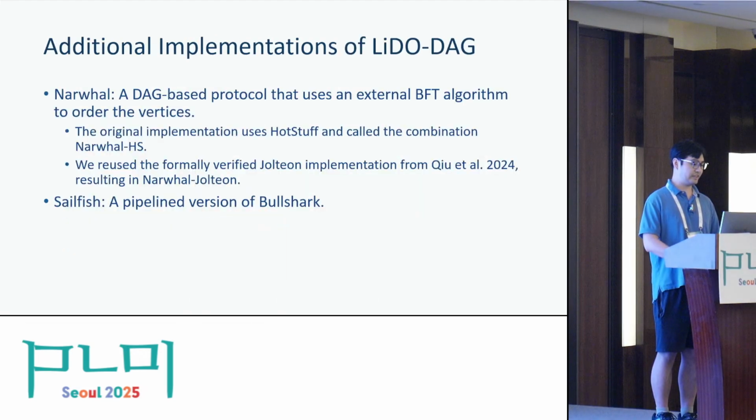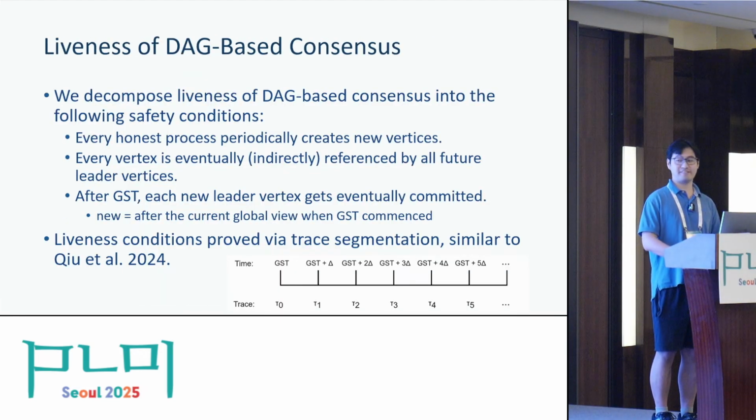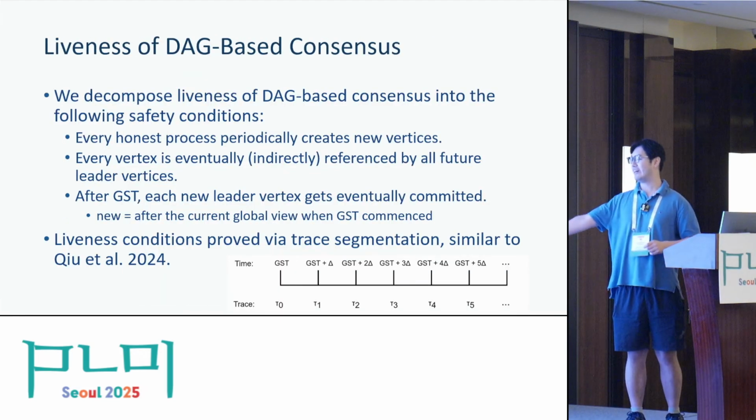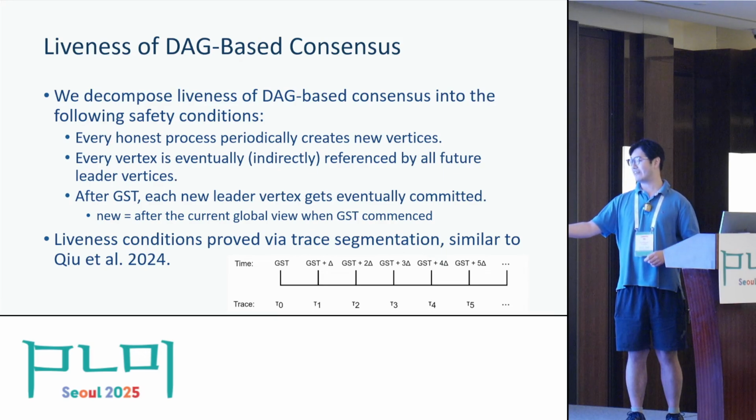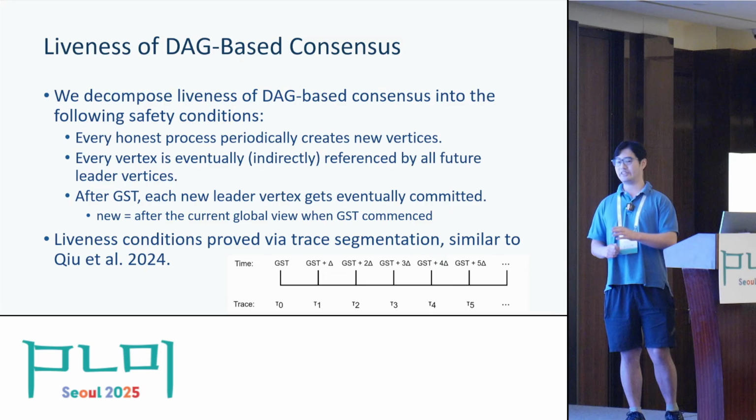Yeah, so to prove liveness, what we do is we look at how the system state progresses through each delta. So we say if the system at GST satisfies a certain condition, then at GST plus delta, it has to satisfy some additional conditions.